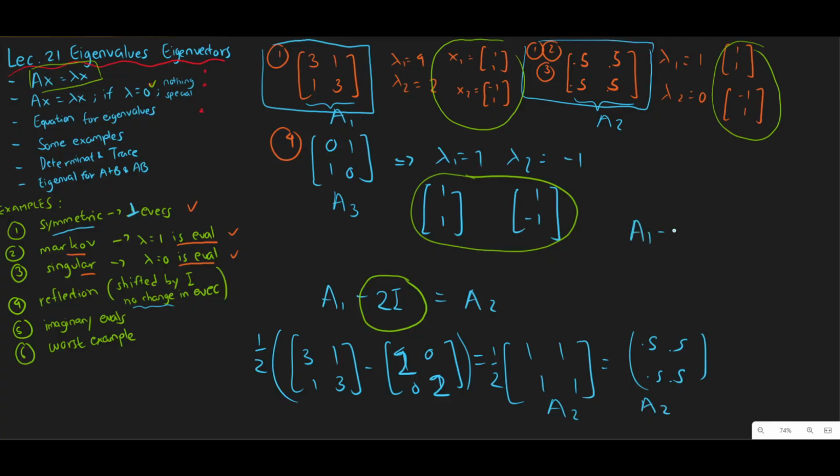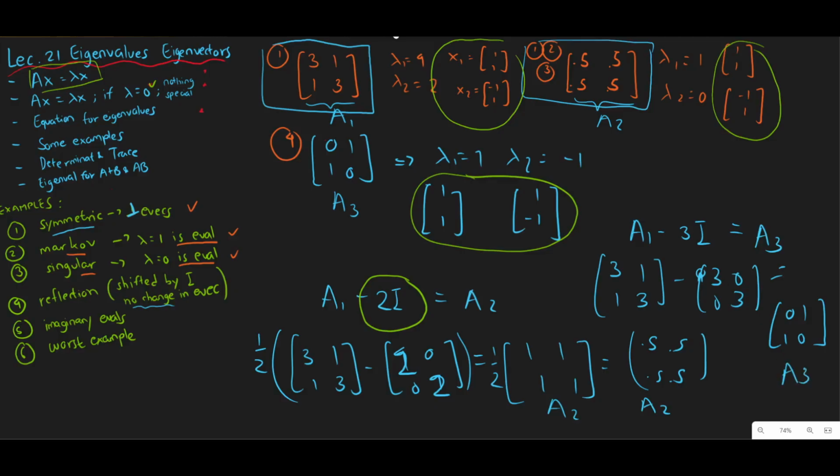I can just subtract 3 times the identity from A1 to get A3. I'm sorry for the earlier example. So you subtract this and you will have 0, 1, 1, 0, which is A3.